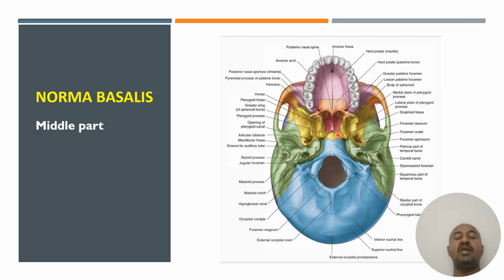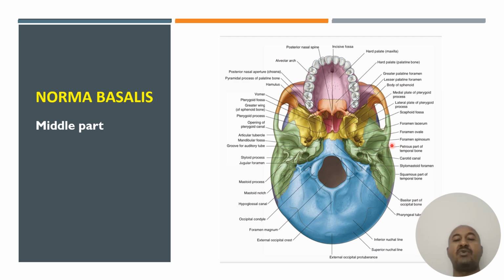Okay, the main features of the medial part or middle part of the base of the skull: you have the pterygoid plates here, medial pterygoid plate and lateral pterygoid plate. These are very important. Okay, and we have the pterygoid fossa, which is here in the middle between the two pterygoid plates.